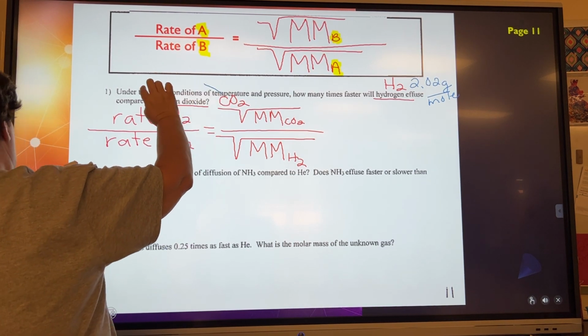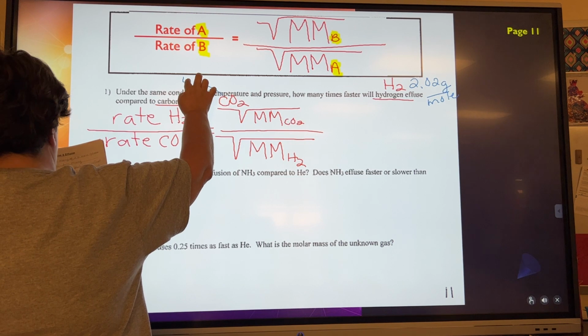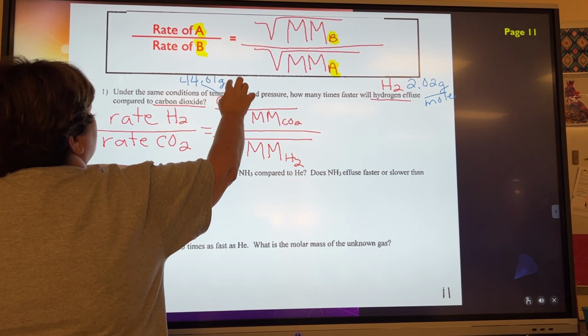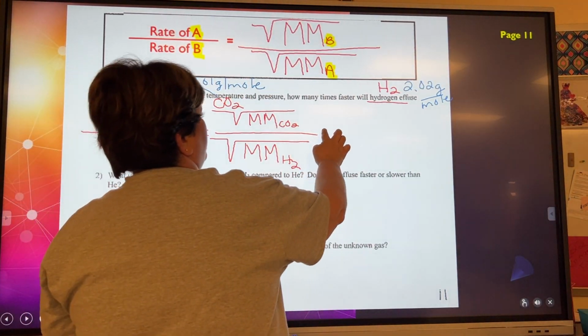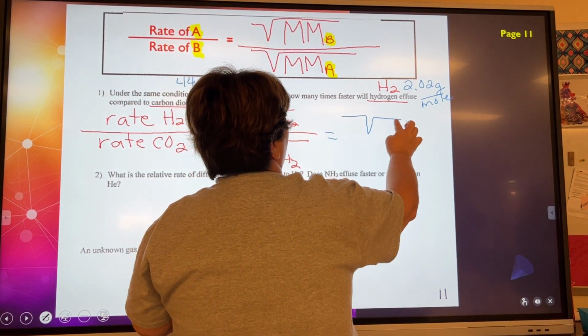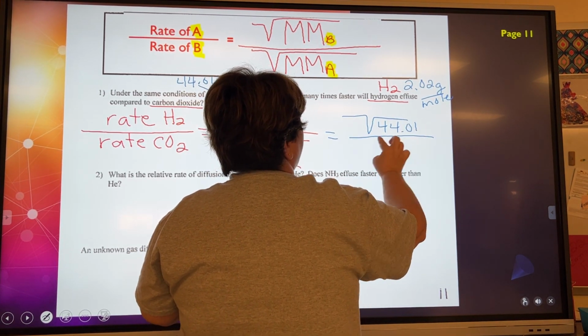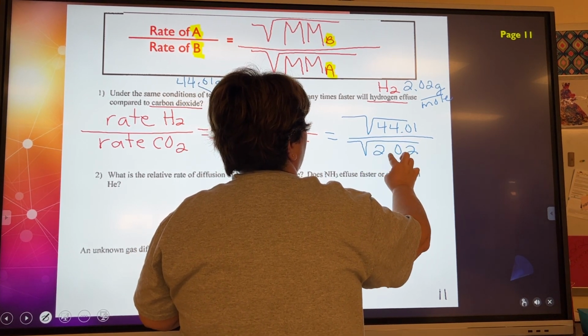Carbon dioxide is 1 carbon and 2 oxygens, and that's going to give me 44.01 grams per mole. Okay. So the square root of 44.01 divided by the square root of 2.02.